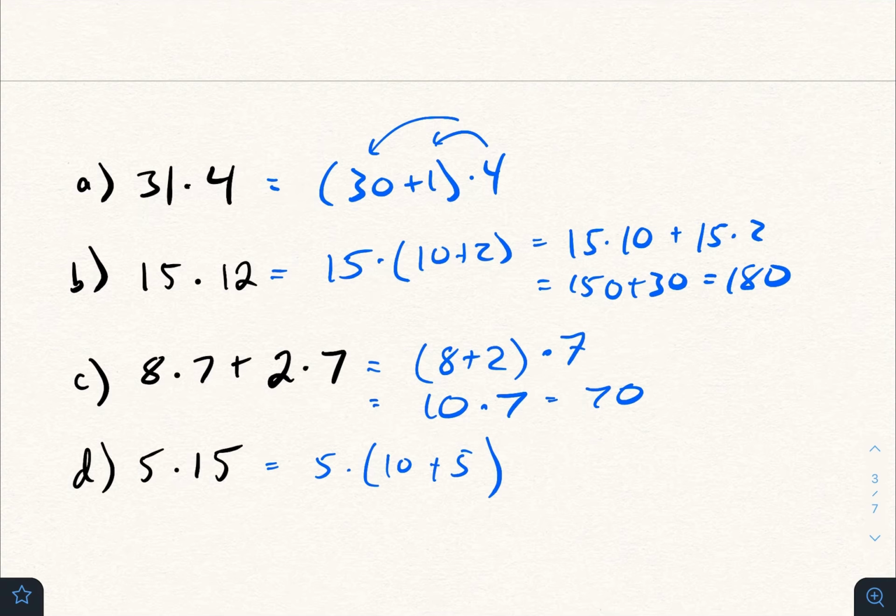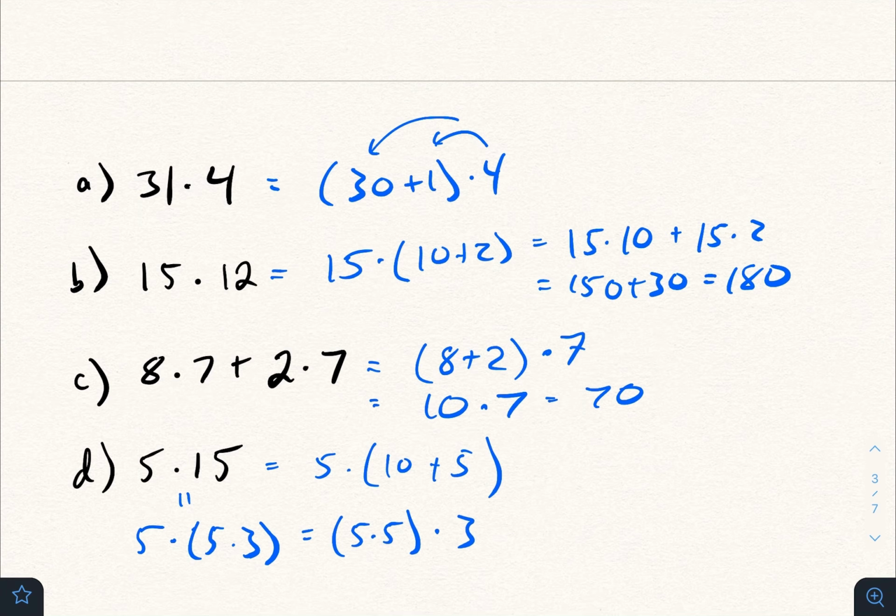So with the associative property, we could break 15 up as 5 times 3. And so if we represent 15 as 5 times 3, then this problem is the same as 5 times (5 times 3), which is the same as (5 times 5) times 3 like this.